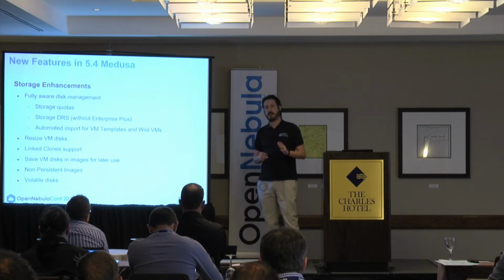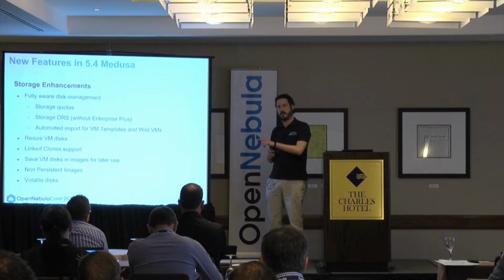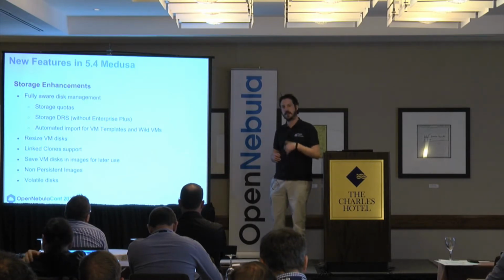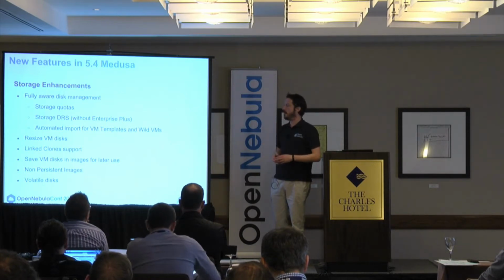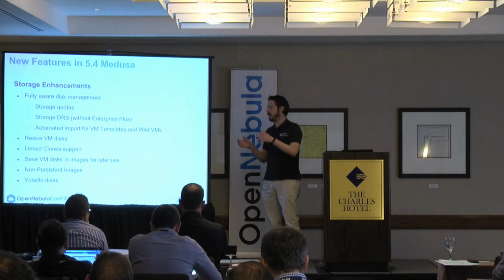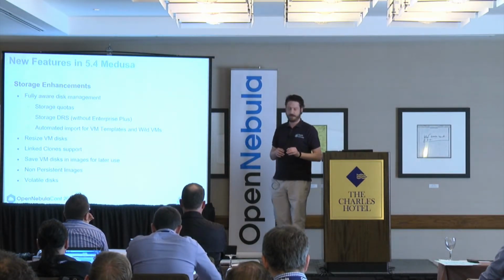You can import that and then create new VM templates in OpenNebula, referencing this single VM template and attaching new disks, attaching new network interfaces, modifying the CPU. So you can move all this template management from vCenter to OpenNebula.